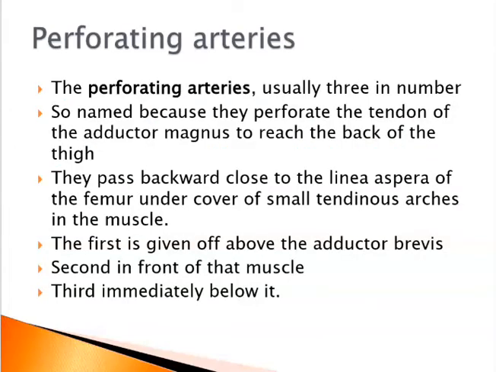Then coming to perforating arteries. The perforating arteries are usually 3 in number. They are named so because they perforate the tendon of adductor magnus to reach the back of the thigh. They pass backward close to the linea aspera of the femur under the cover of small tendinous arches in the muscle.